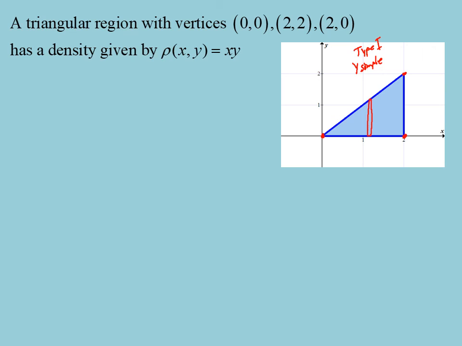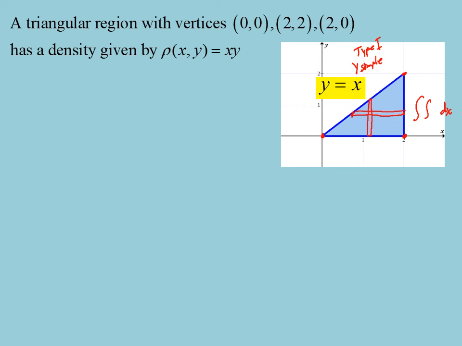If we do, then when we set up our integral, we'd start with dy. Or do we want to use horizontal rectangles? If we do that, then we would start our integral with dx. Now, I don't know which I picked, so we'll see.